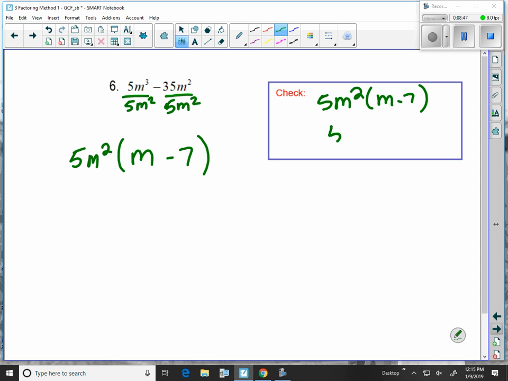So if we distribute 5m cubed minus 35m squared. Oh yeah, it's okay. You're fine.